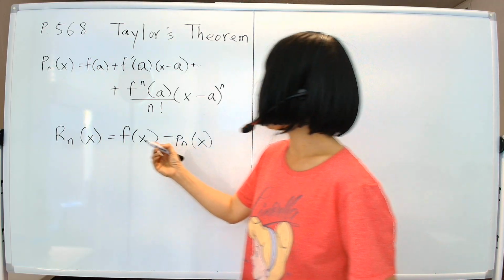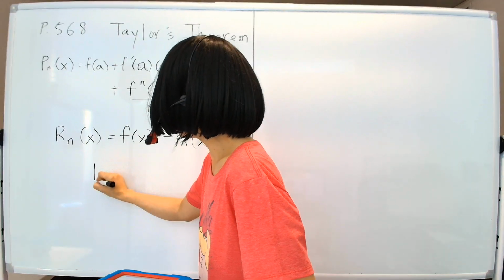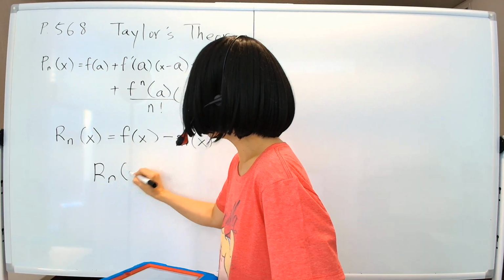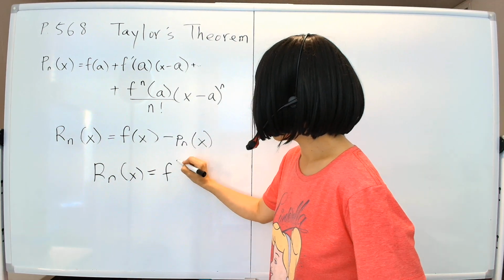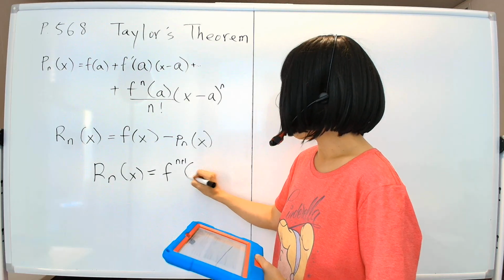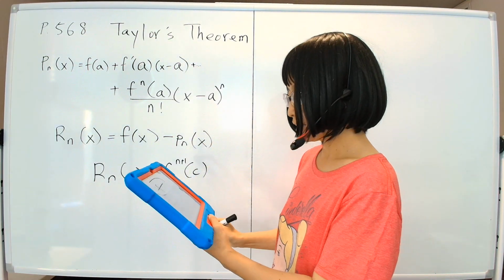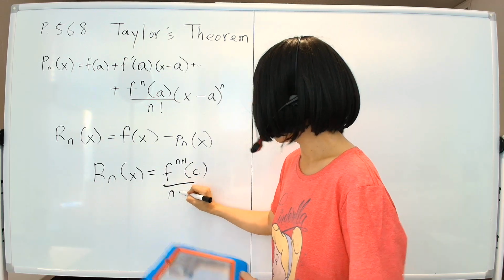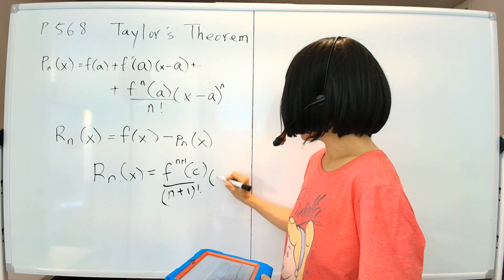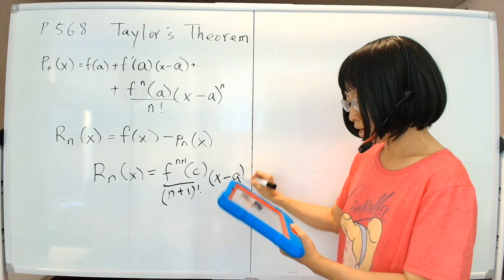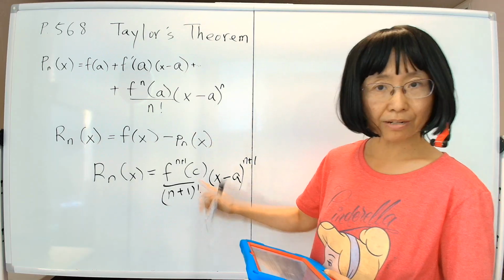Here's what we are going to prove: that Rn of x is equal to f to the n plus 1 of some point c, where c is between x and a, divided by n plus 1 factorial, times x minus a to the power n plus 1. So we're going to prove this step right here.